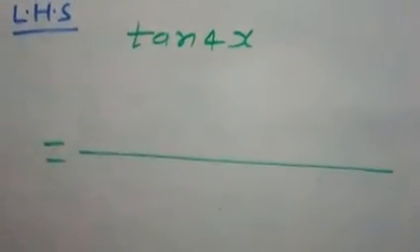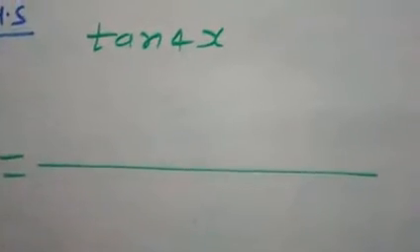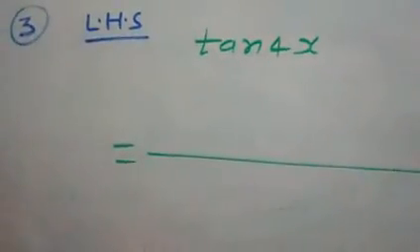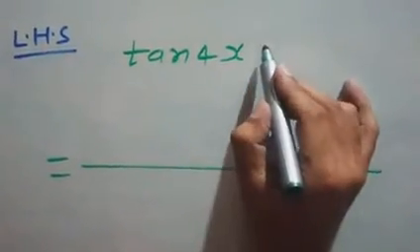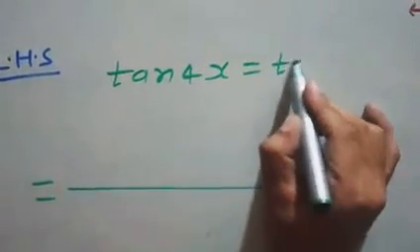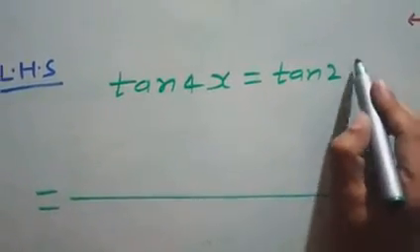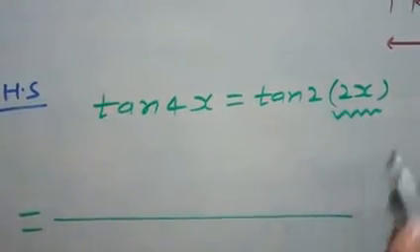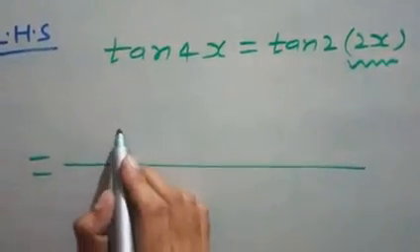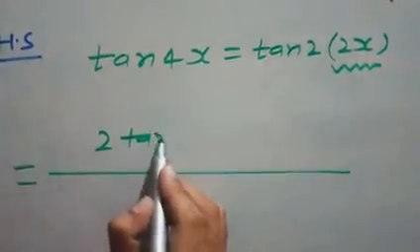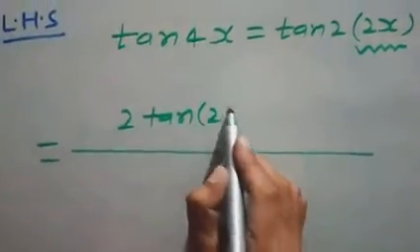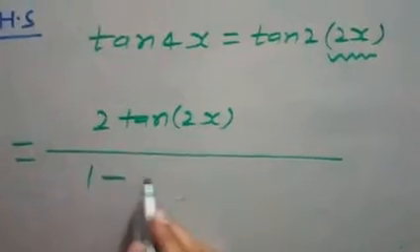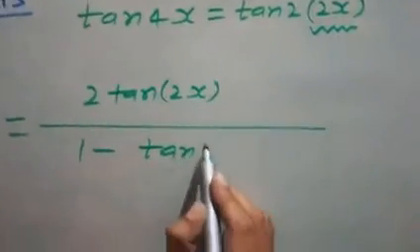Now here I am going to solve question number 3, in which the left hand side is tan 4x. So here in the next step I am going to write it in this form: tan 2 into 2x, and here we have to apply the formula of tan 2a, and that is 2 tan a upon 1 minus tan square a.